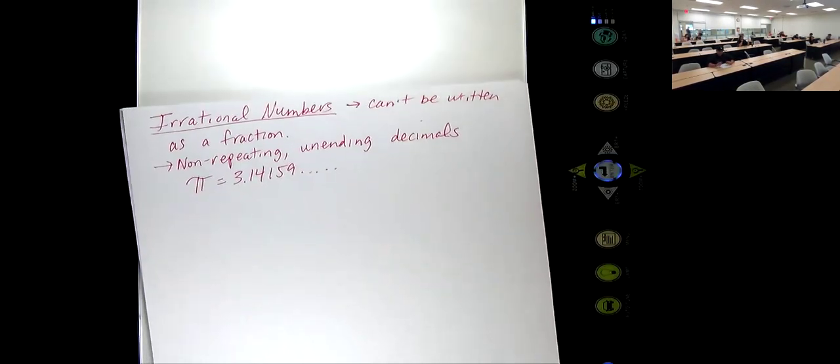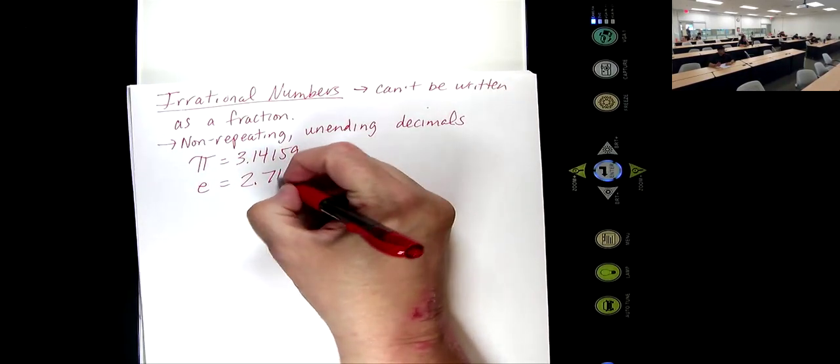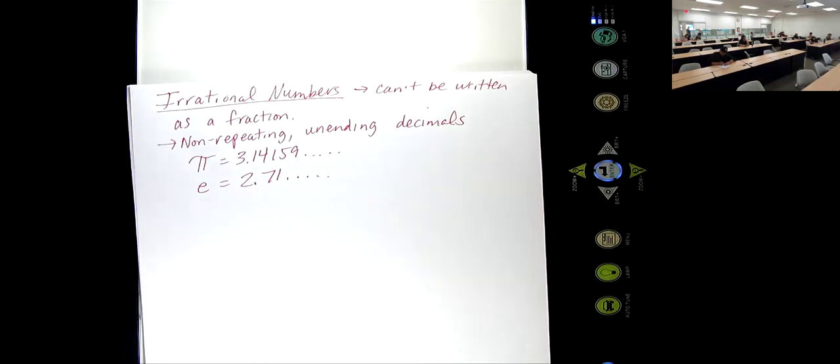There are other ones. E is a common one that shows up in nature. It's 2.71 and it's got more numbers that I don't know the rest of. But it shows up in physics and engineering and stuff like that a lot.